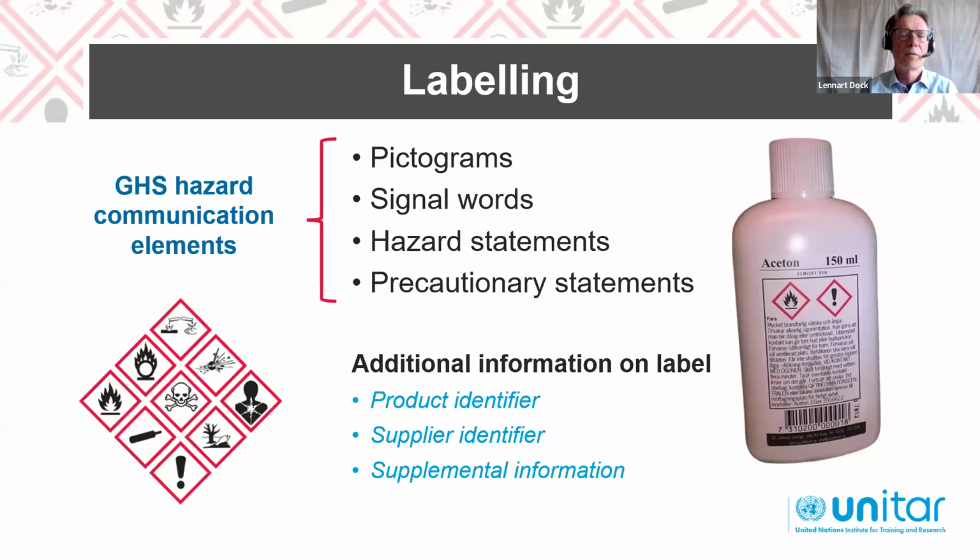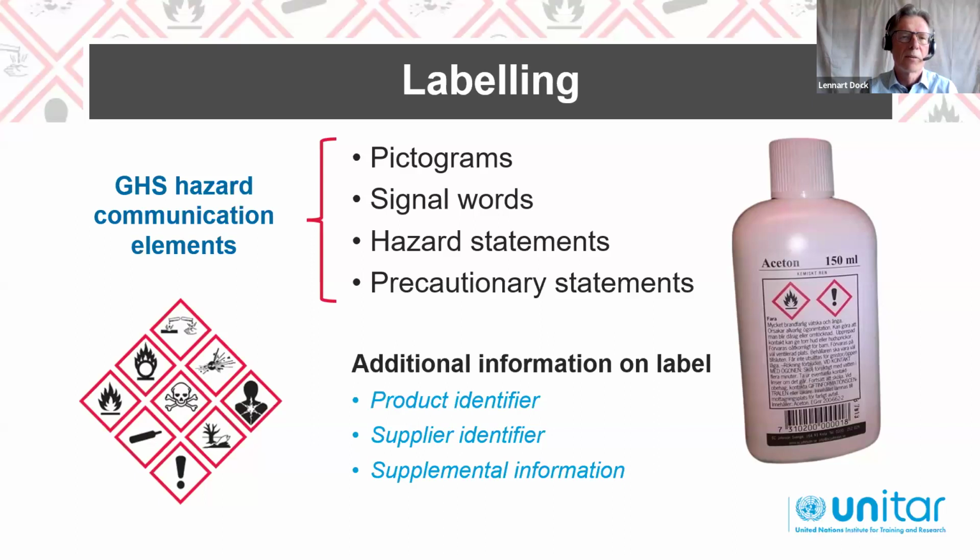The symbol that usually creates the most problem is the one to the far right, which looks like an explosion within a human figure. That's something to be very aware of, because that symbolizes a serious health hazard. So if you have a chemical that is labeled with that pictogram, you really have to read the label carefully, because it's a serious health hazard that chemical can cause.